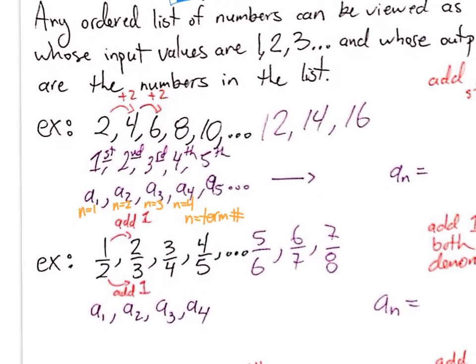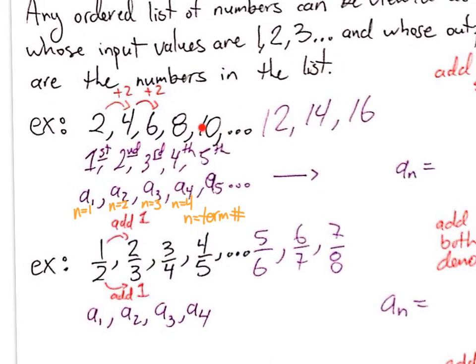Okay, so if we have something like this sequence of numbers, and we're asked what is the nth term, we're looking for an expression involving n that we could just plug in and get, hey, that's the value of the 100th term or whatever.